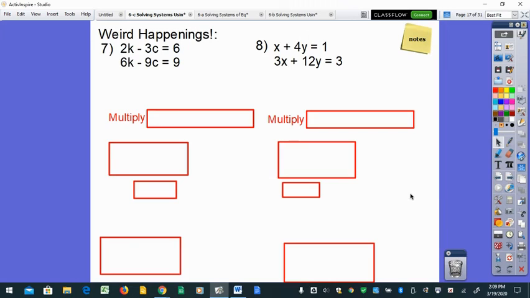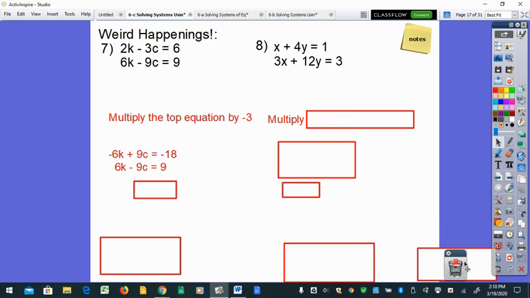Just to show you what happens if it's parallel, what happens if it's the same line. It would be something like this. In this case, I'm going to multiply the top equation by -3. When I multiply that top equation by -3, this is how my new system looks. 2 times -3 is -6. -3 times -3 is +9. 6 times -3 is -18.